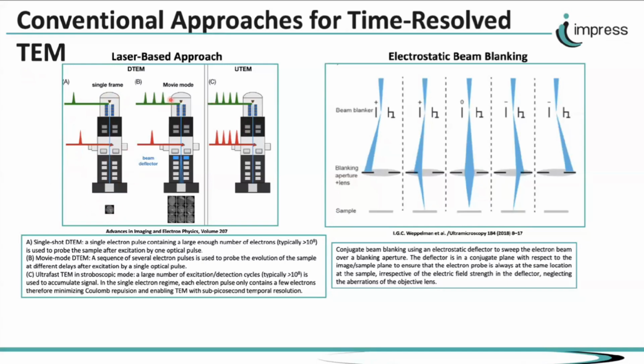It can be extended to a so-called movie mode when you send a train of pulses to your electron source, and after creating a change in your material system, you will study the evolution in the sample with very short time intervals.